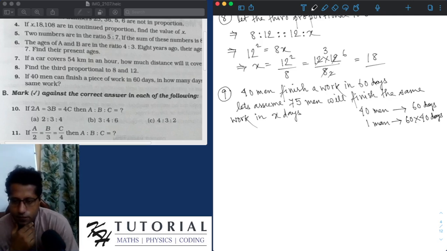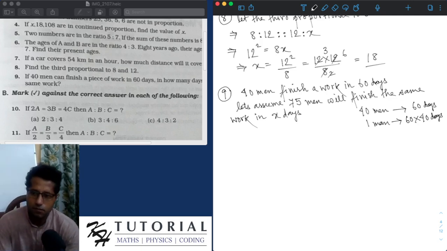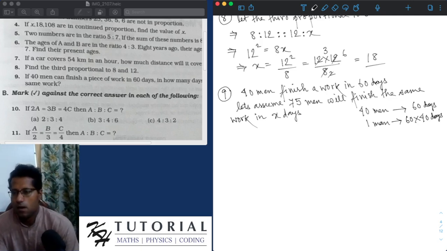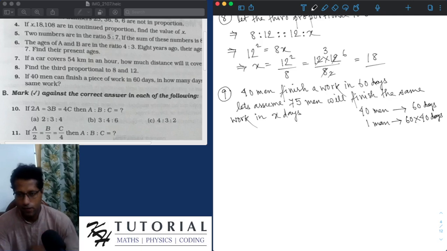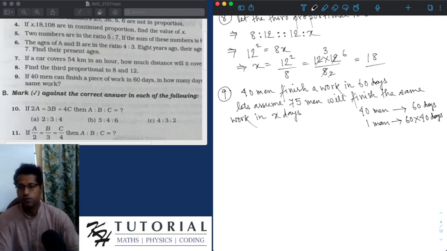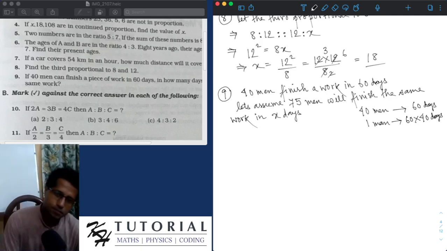So if 40 men finish a work in 60 days, then one man will finish the work in, is it 60 to 40? We have to identify the ratio which will remain constant.